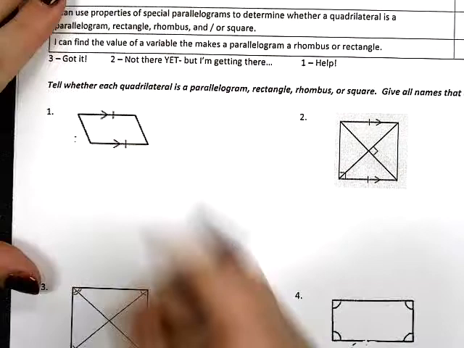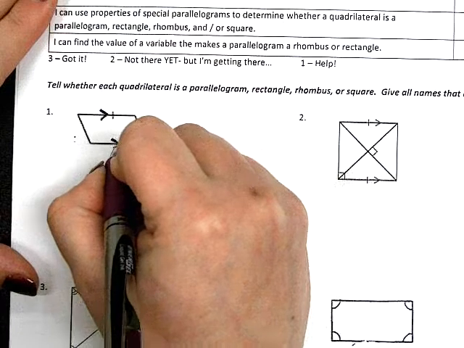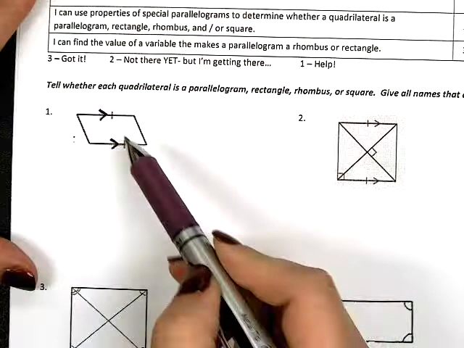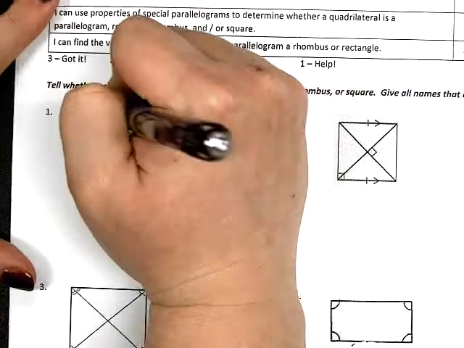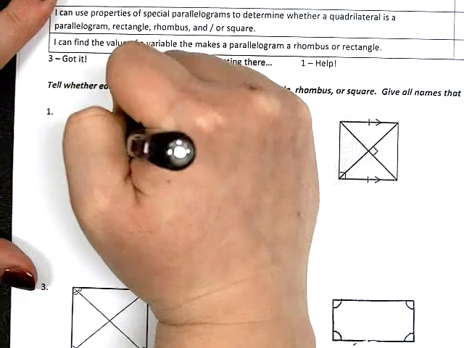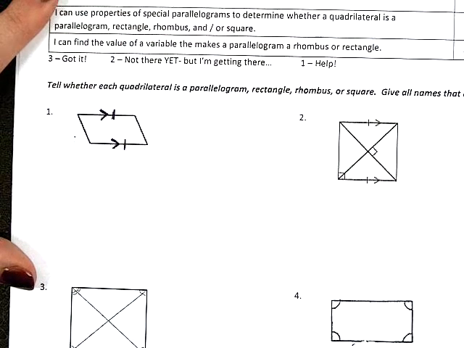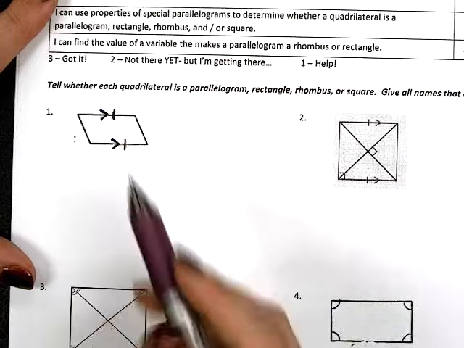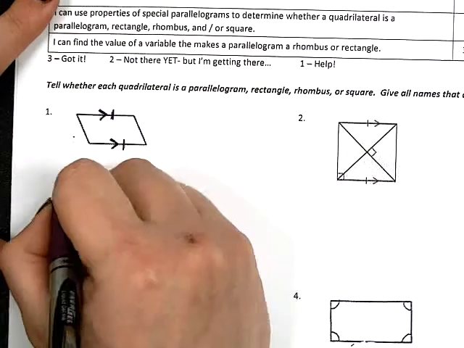We got to remember that those arrows mean that we've got parallel lines, right? So I have a set of parallel lines that are across from each other. Okay, cool. I also have that those same opposite sides are congruent to each other. All right, well, if we look at all of our properties, if you've got your organizer, the first one that shows up that's got one pair of opposite sides that are parallel and congruent, that's a parallelogram.